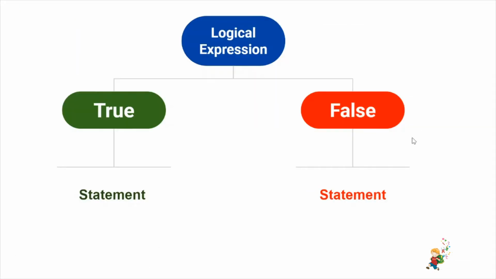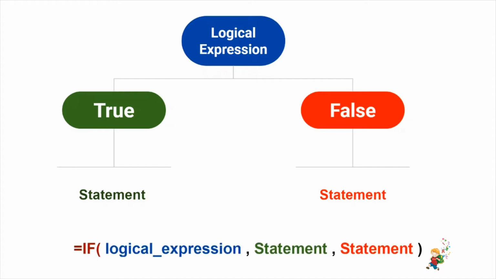In an if condition we will have a logical expression. A logical expression can be true or false. We will write a statement if it is true and a different statement if it is false. So how can we write the if statement?